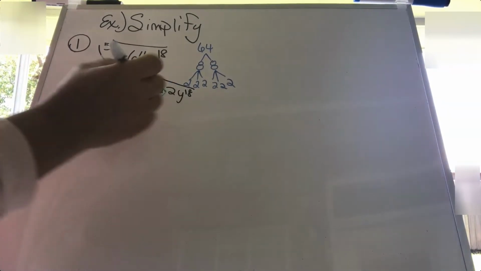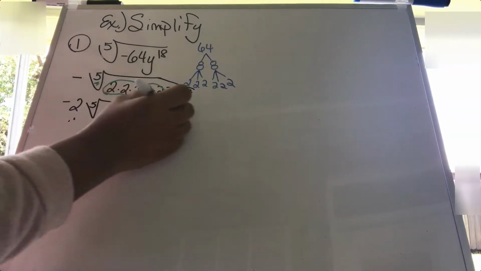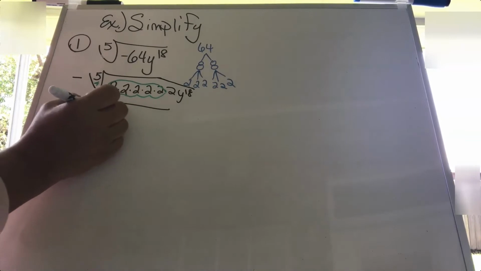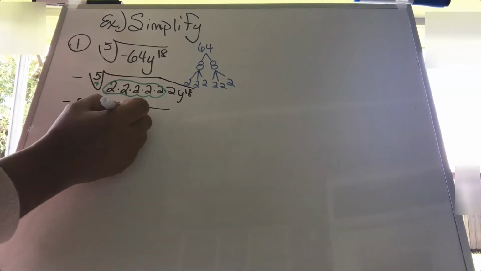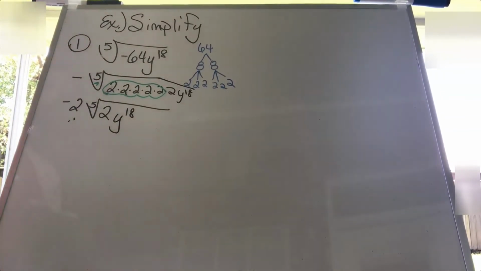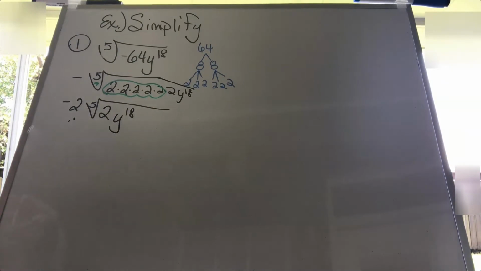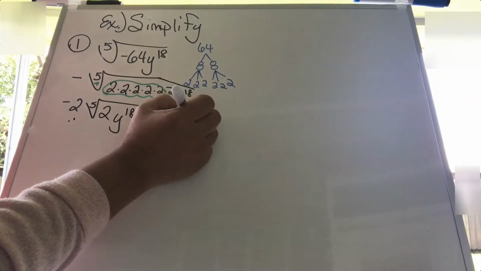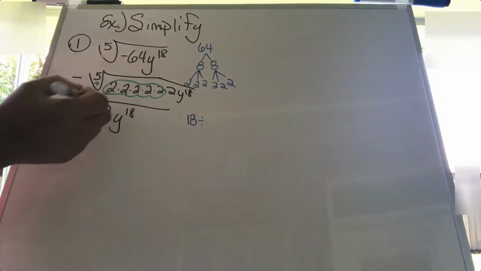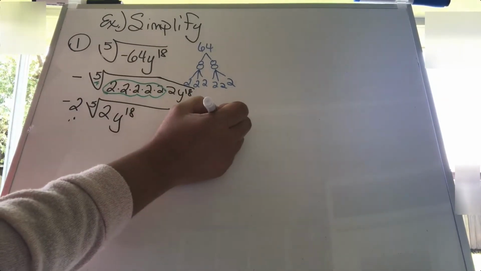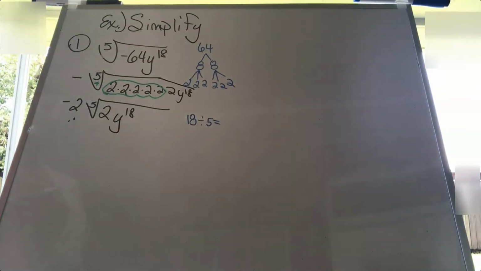And then I still have to deal with that y to the 18th. So this 2 stays here. And then I have my y to the 18th. So for my y to the 18th, I'm going to take the 18 and divide it by my index of 5. 18 divided by 5.